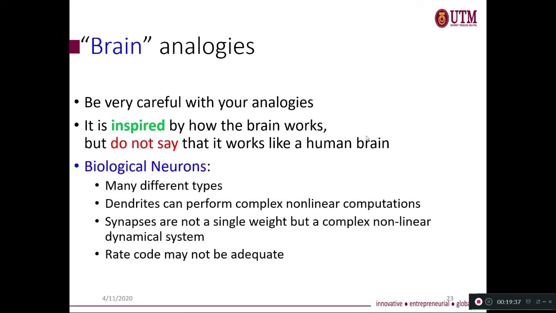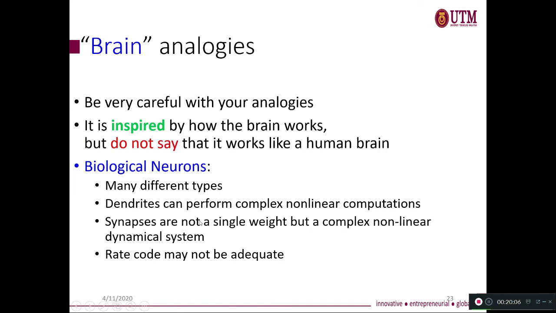For biological neurons, there are many different types, and the dendrites can perform complex non-linear computation. However, in our perspective, we assume it is just a linear equation, but it's not. In a biological dendrite, it can perform complex non-linear computation, and the synapse is not a single weight but a complex non-linear dynamic system.